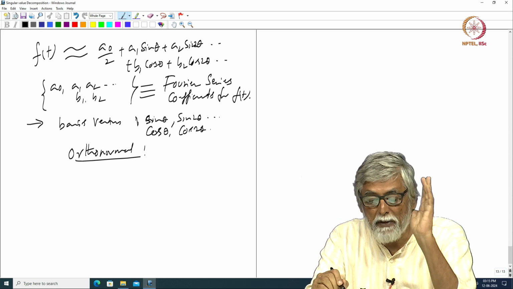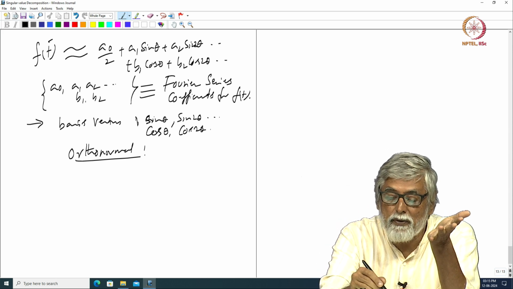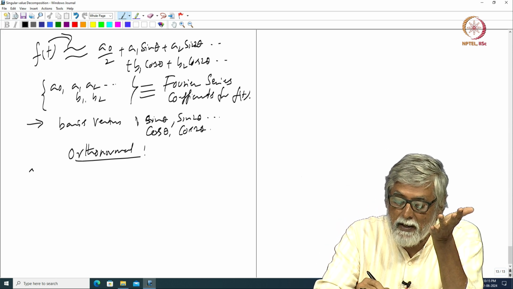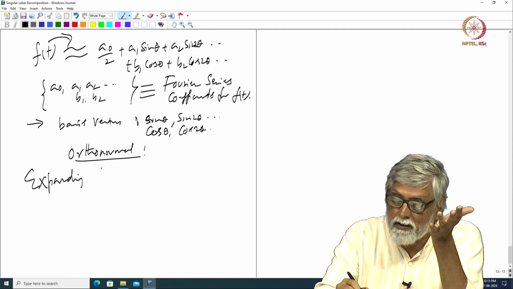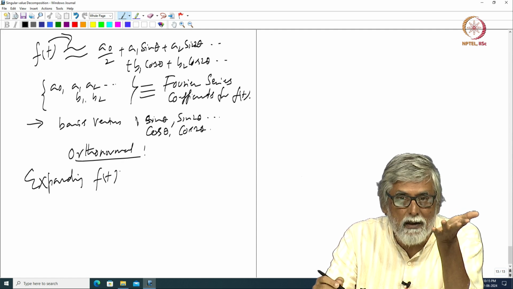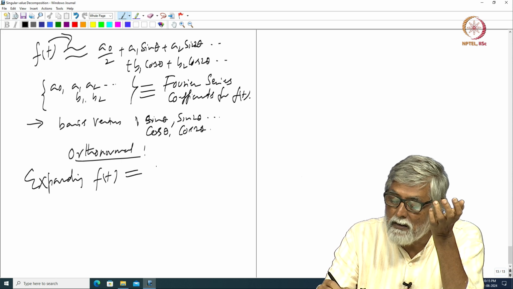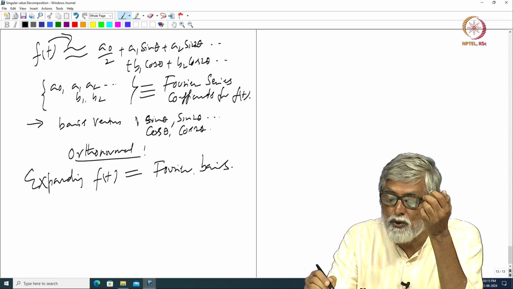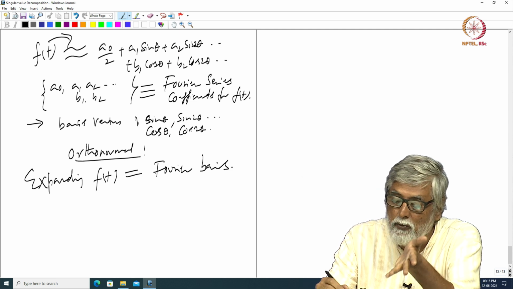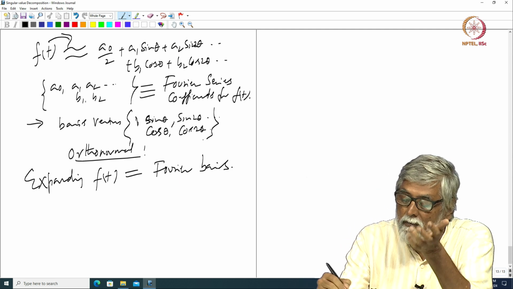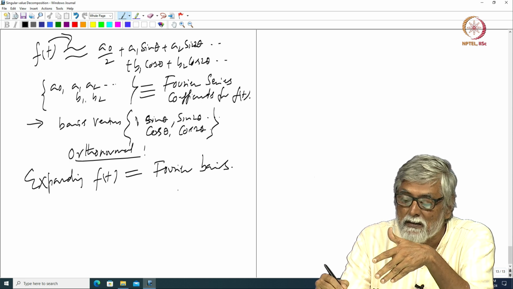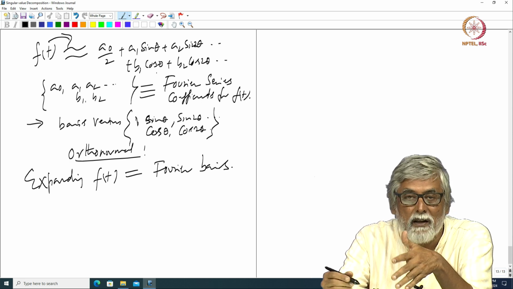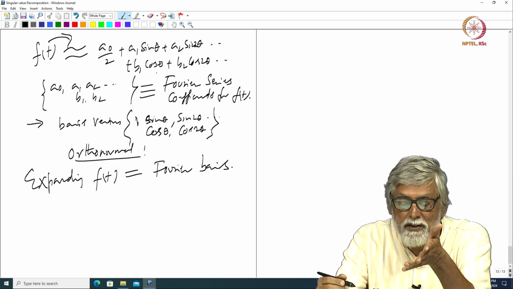So you are basically expanding the function f of t, which is also called representation in terms of the Fourier basis. When you choose a Fourier basis, which is this set, the coefficients you get are the Fourier series coefficients. Okay.